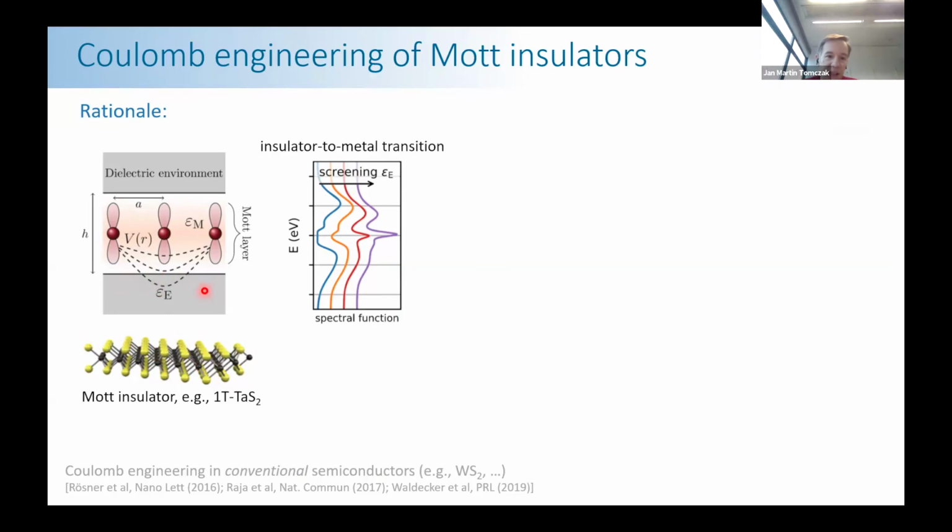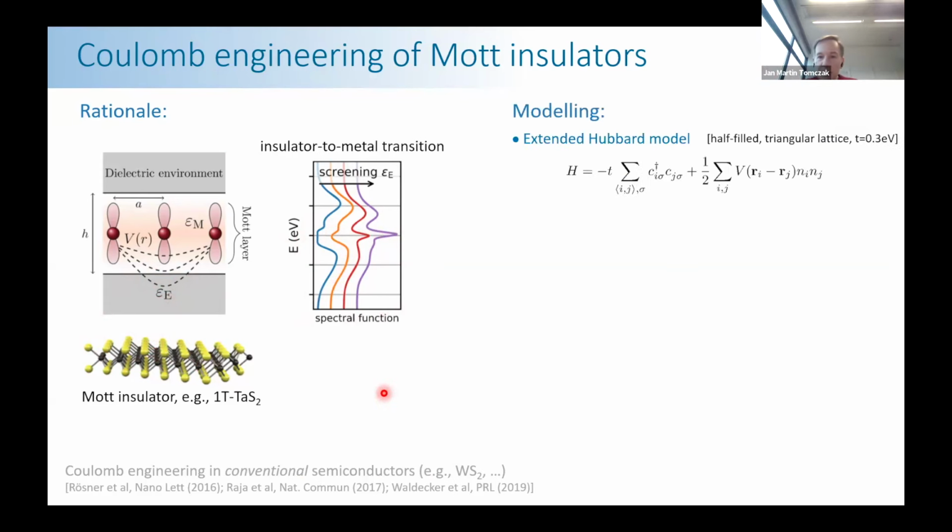And so the question is, if we start out from a Mott insulator when it's in vacuum, can we reduce the Coulomb interaction enough with realistic dielectrics to induce an insulator to metal transition in the system?